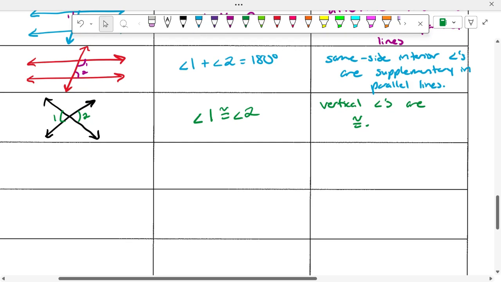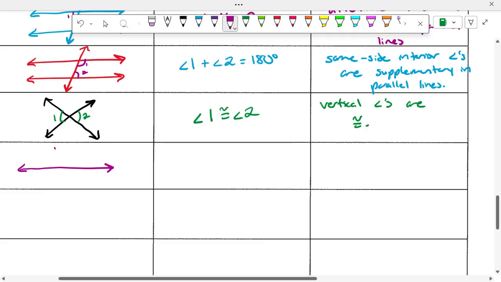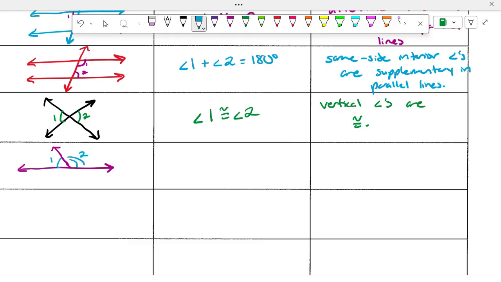Okay. What about if I have a line and I have some kind of ray here, and I have two different angles, so 1 and 2. What's true about those two angles? What's the relationship between those two angles? They're supplementary. So angle 1 plus angle 2 is equal to 180 degrees. Why? What's that called?